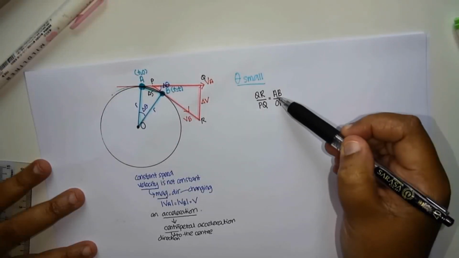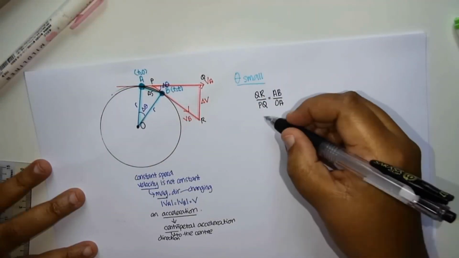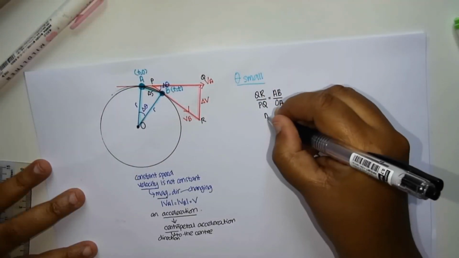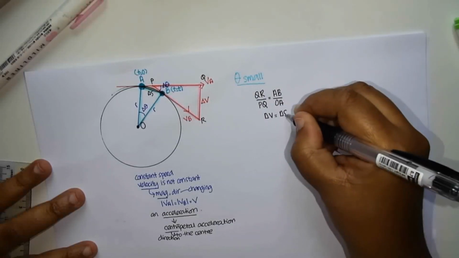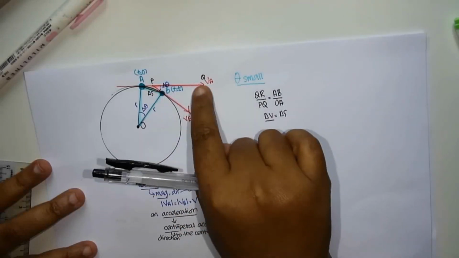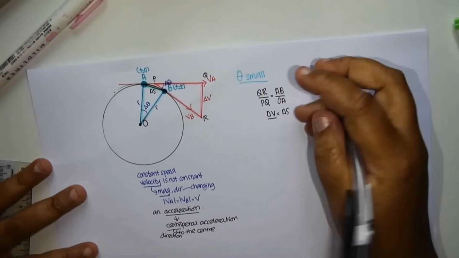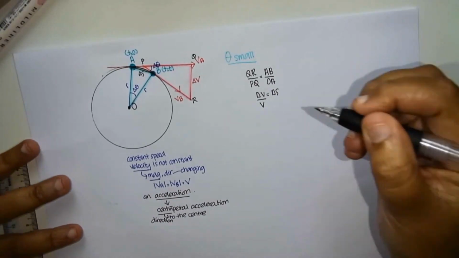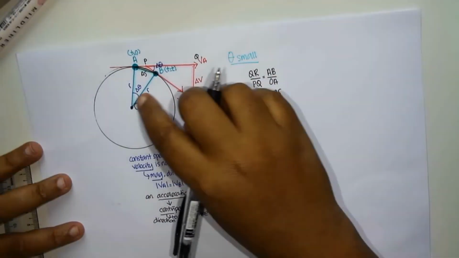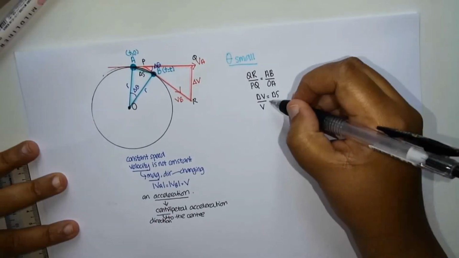So QR is delta V, equal to AB, which is delta S. PQ is VA, and VA is equal to V, so I put V. And OA is R.